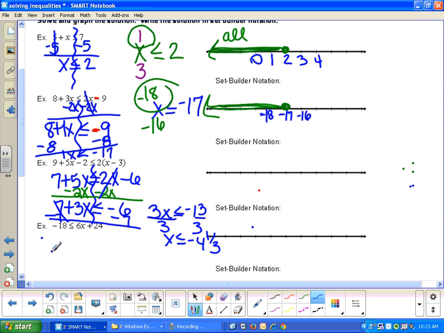For the calculator, it's going to be negative 4.33333 repeating. So my number line here, if I have negative 3, negative 4, negative 5. What two numbers is negative 4 and a third going to be between?